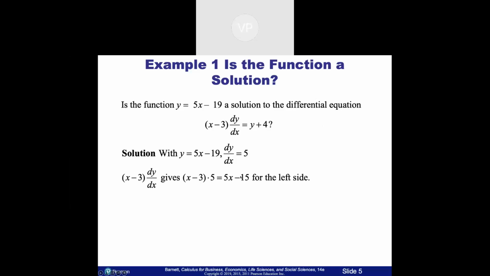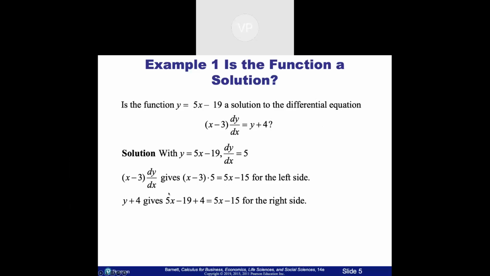So on the left side of this equation up here, it's x minus 3 times dy dx. When you replace it, you get x minus 3 times 5. So the left side becomes 5x minus 15. Then on the right side of this equation, this y plus 4, you're essentially going to replace the y with the 5x minus 19.